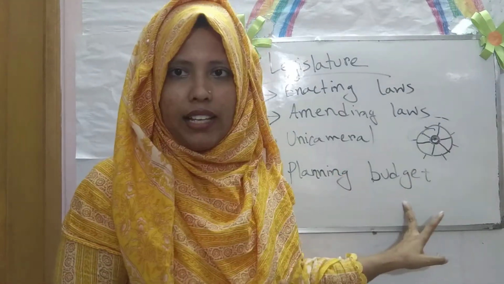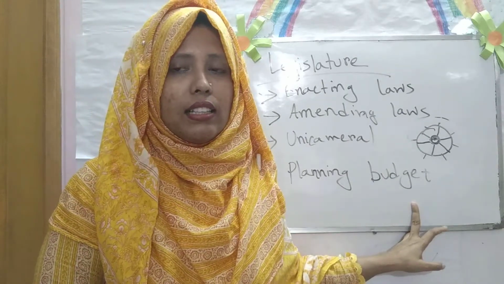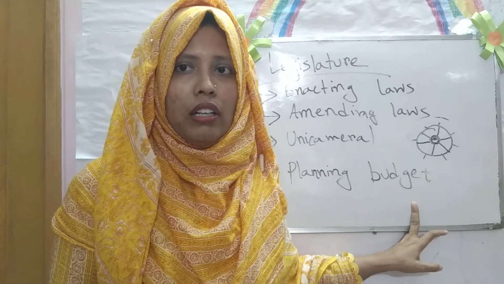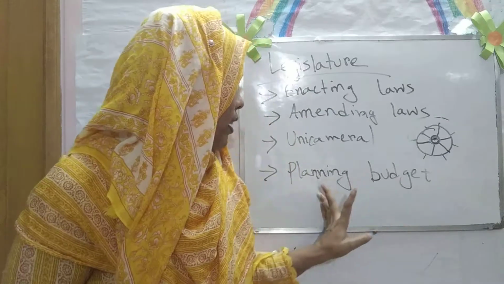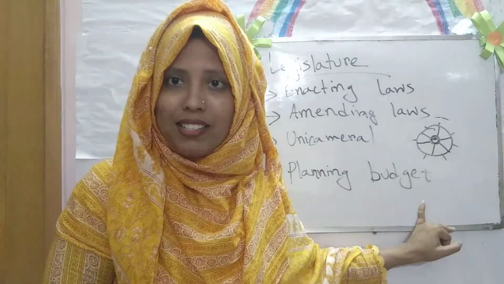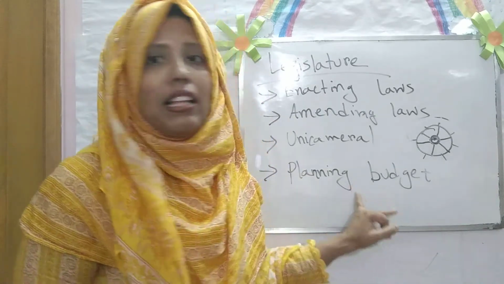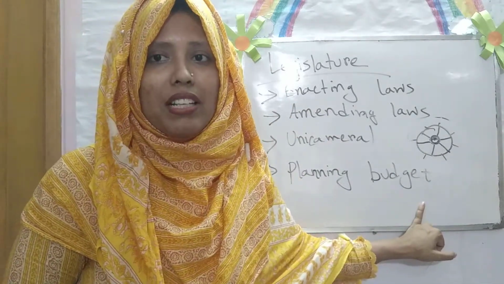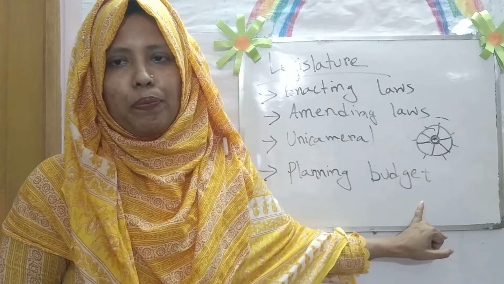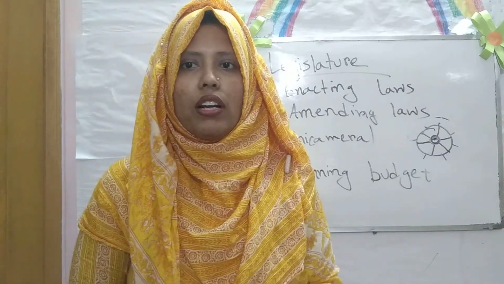And every year we plan a budget, and only the parliament has the power to approve the budget. And when parliament or the legislature approves the budget, who implements that budget? Yes, students, the legislature group plans the budget or approves the budget, but the implementing work goes to the executive group. The budget is implemented by the executive group. I hope you all understood the activities of the legislature group.